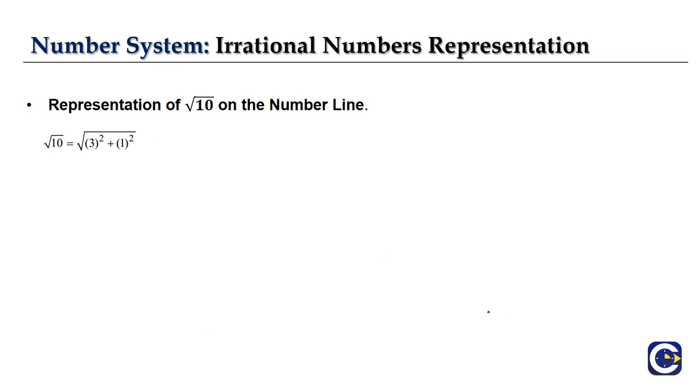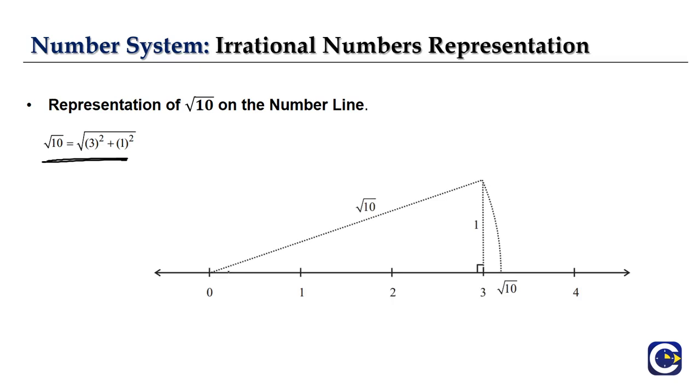Representation of root 10. The easiest way of writing root 10 is 9 plus 1, where 9 can be written as 3 square, so root 10 can be written as root over 3 square plus 1 square. On the x-axis let us take 3 units, 1, 2, 3, and on the y-axis 1 unit, so our base is 3 and our perpendicular or height is 1 unit.